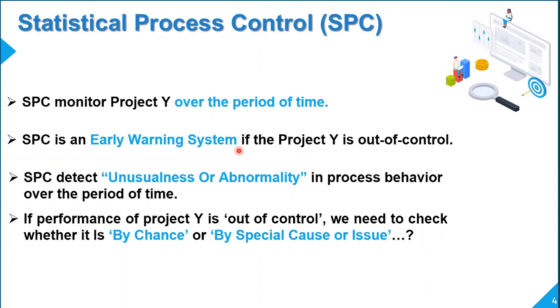We can fix it right at that moment and avoid it creating a big problem for the process, and thus we can stabilize the process. If we fix it a bit later, that can really harm the process. So to avoid that, we have to have a system that can detect that abnormality at an early stage, or as early as feasible, and that's what SPC helps us to find out.